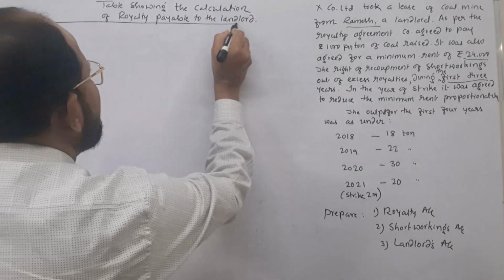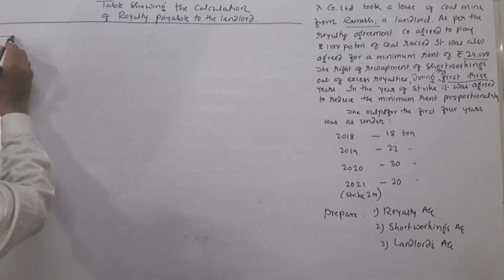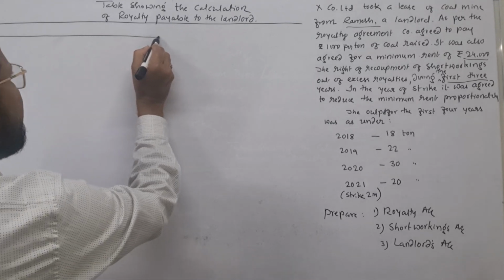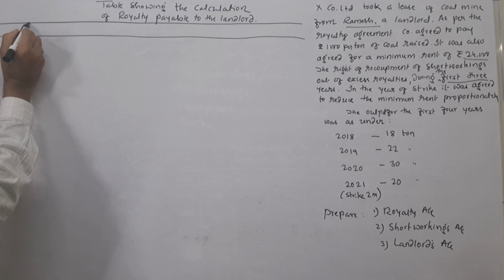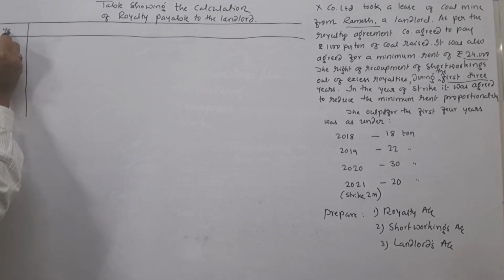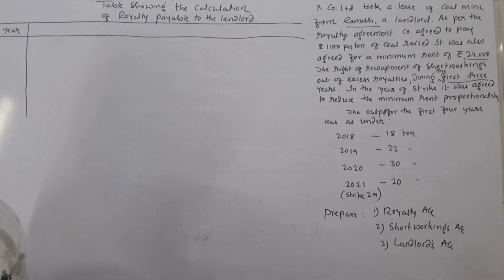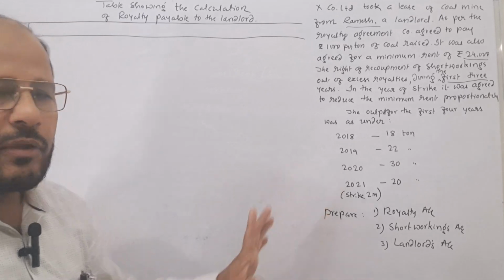Here what are the important columns? I told you in the first column we write the year. First column is the year column. Okay, first I write the year 2018, 19, 20, 21.